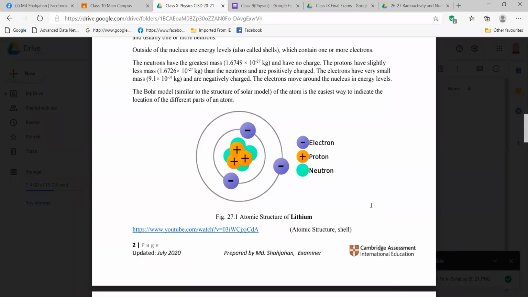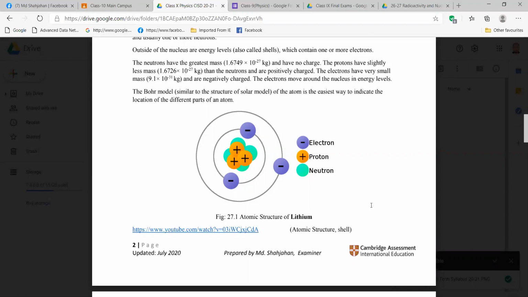And what is the atomic number here? 3. Why 3? Proton number is 3. So in hydrogen-1, how many nucleons are there? 1 nucleon. So there is only 1 proton, right? There is no neutron even.